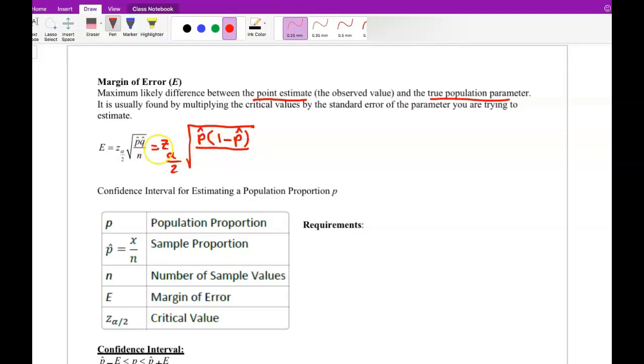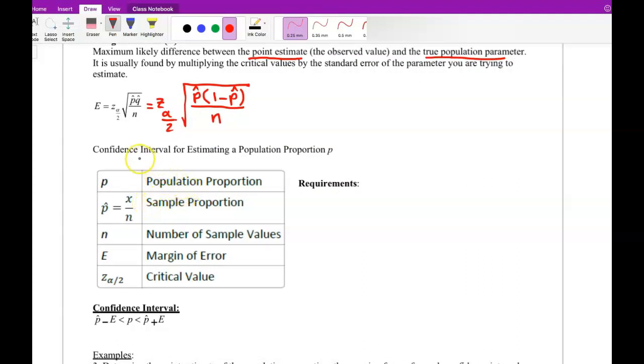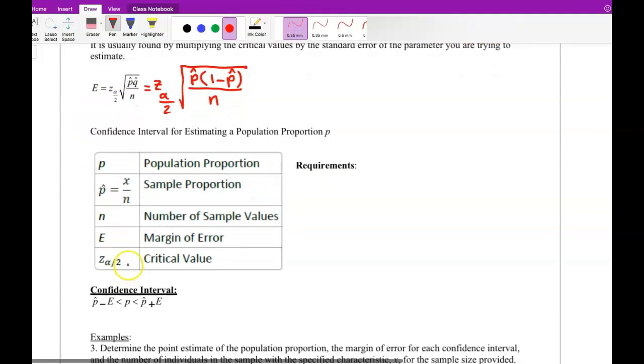So if in case you didn't have q hat, you can use this one to find q hat. Then divided by n. So here, confidence interval for estimating population proportion showing with p, and p hat, what p hat was is sample proportion, and n is number of sample values, e is margin of error on this part, and z alpha divided by 2 is critical value, which was on the previous page.